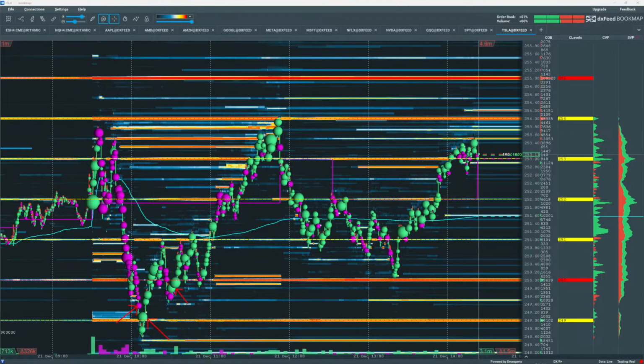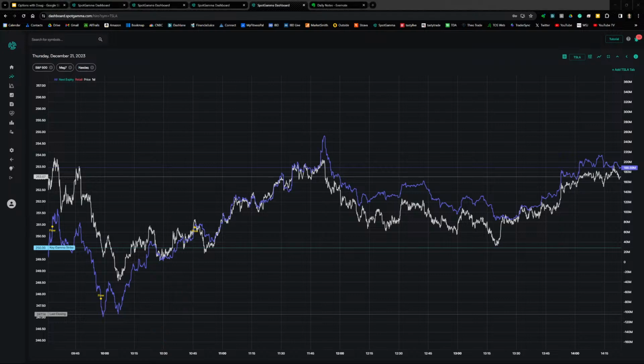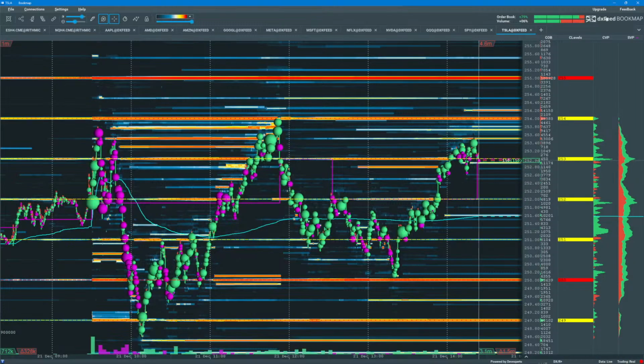Let's just take a look at Hero again. All right, so 250 is the key gamma strike. All right, so long setup in Tesla.